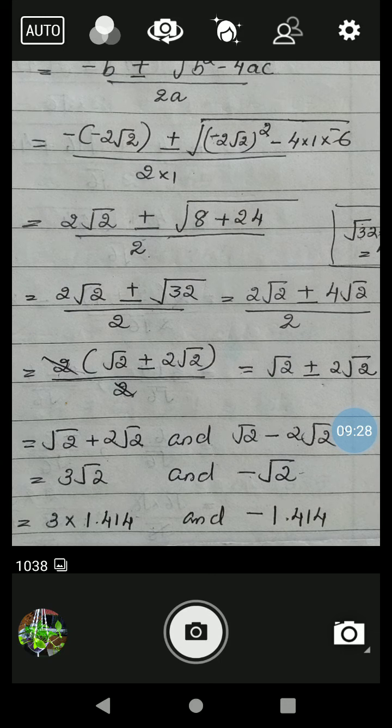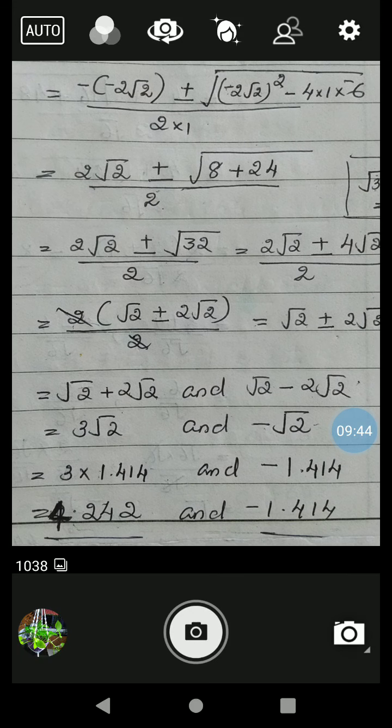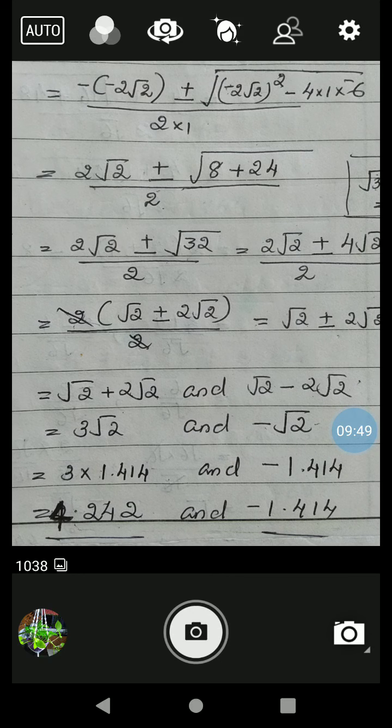If you forget it, you will get the value from your Clark's table. 3 into 1.414 and minus 1.414. Therefore, answer is, when you are multiplying this, you will get answer 4.242 and minus 1.414.